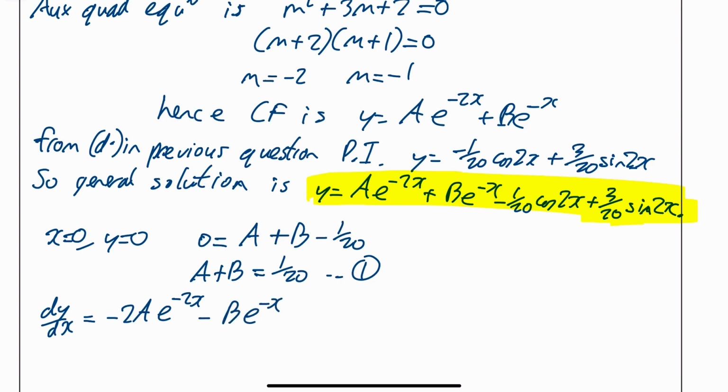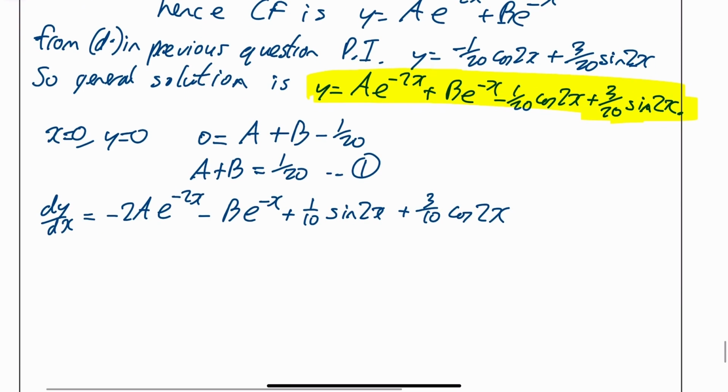And then differentiate cos 2x, you will get minus 2 sine 2x. So then that becomes plus 2 times 1/20, it's going to be 1/10 sine 2x. And then differentiate your sine 2x, you'll get 2 cos 2x. So that's going to be plus 3 over 10 cos of 2x.